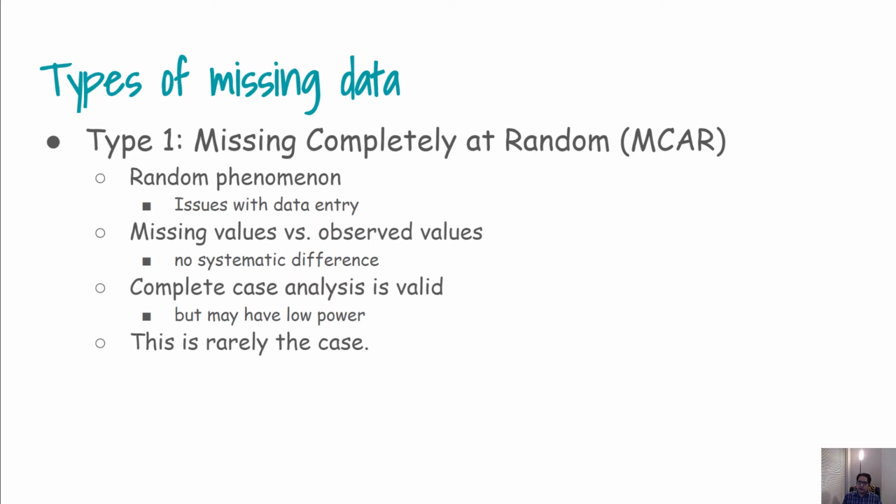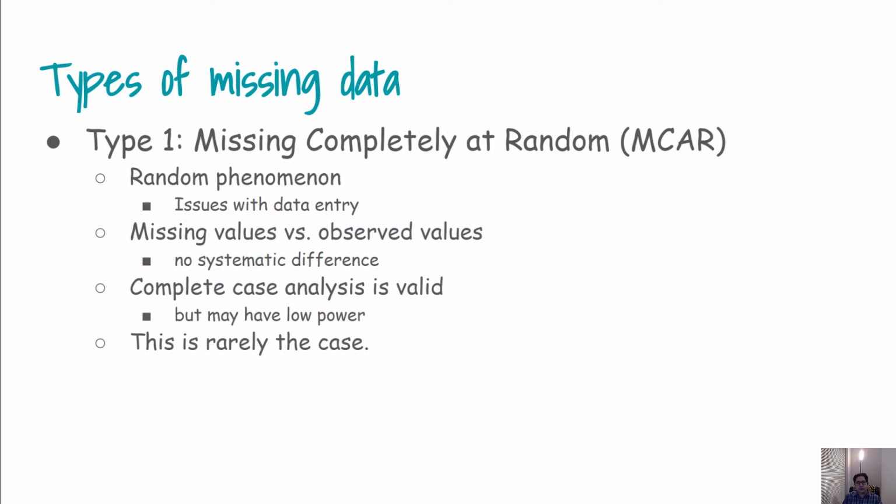So here I'm going to talk about some of the types of missingness. The first type of missingness is known as missing completely at random, and by random I truly mean random.